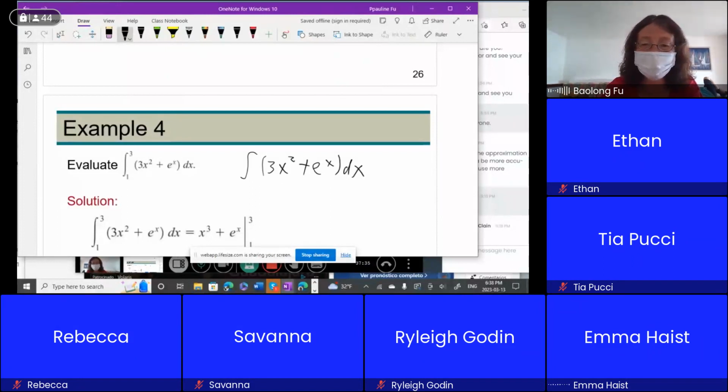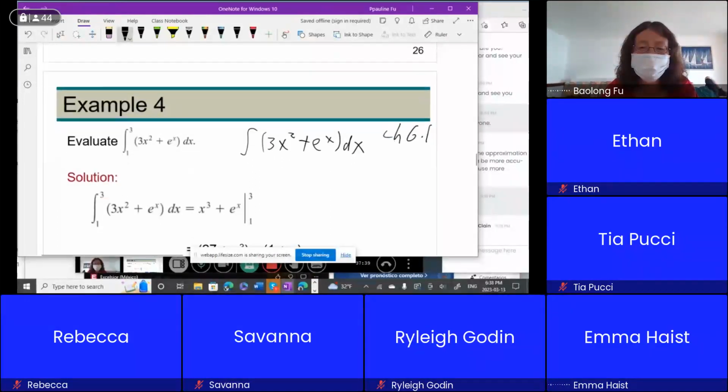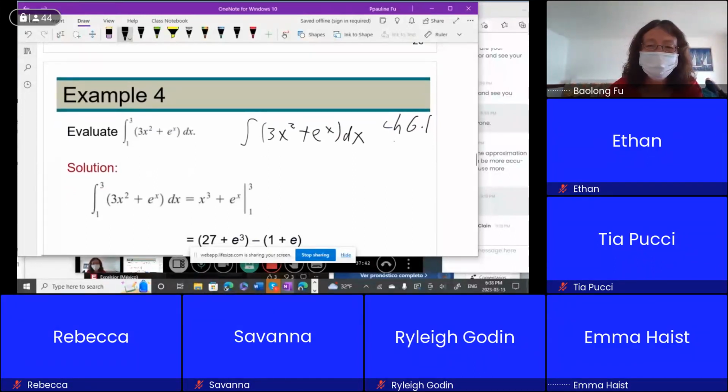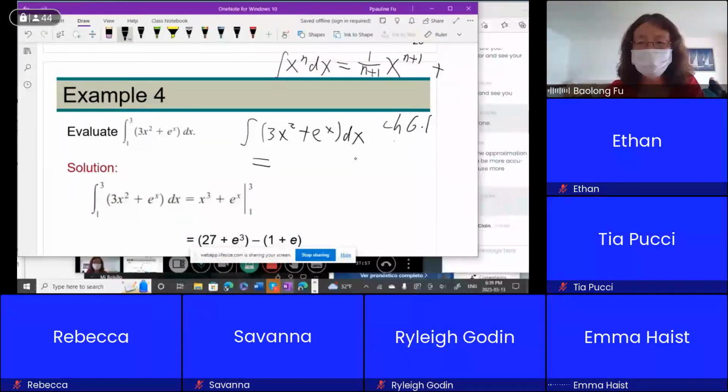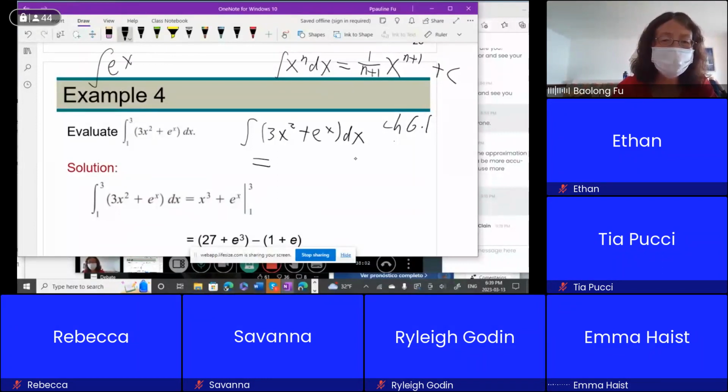This is from last class, chapter 6, section 1. Let's do the review. To do this, you need two formulas. One, the integral of x^n dx is 1/(n+1) x^(n+1) plus C. The other formula is the integral of e^x dx equals e^x plus C. You need those two formulas.